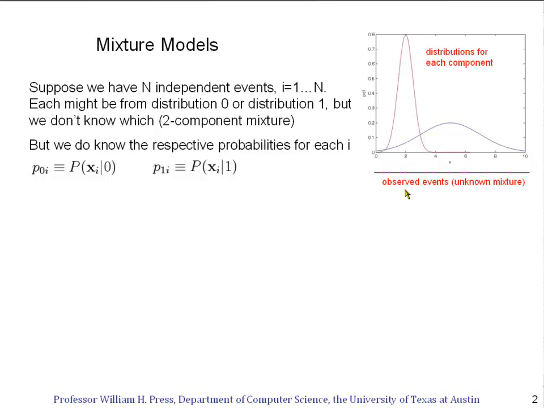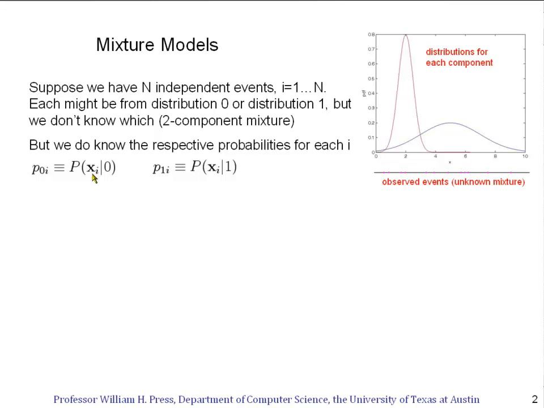Now all we're given is the positions of the events, that is to say the values of x shown by these purple dots here along this line, or if we're in multiple dimensions, what we're given is the value for each event of its vector position, x sub i here.